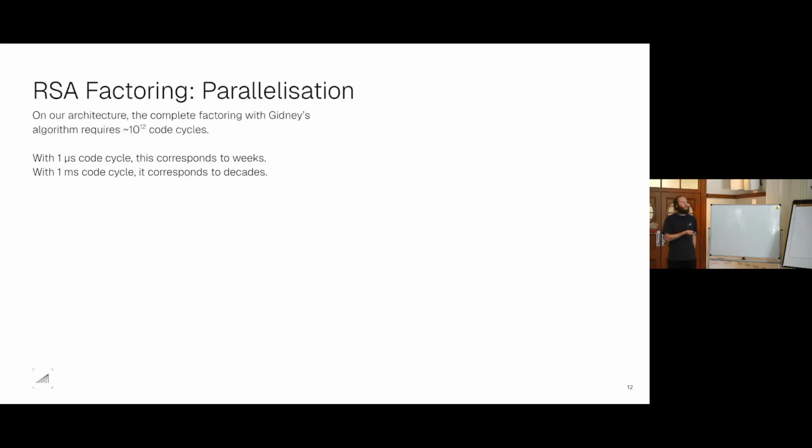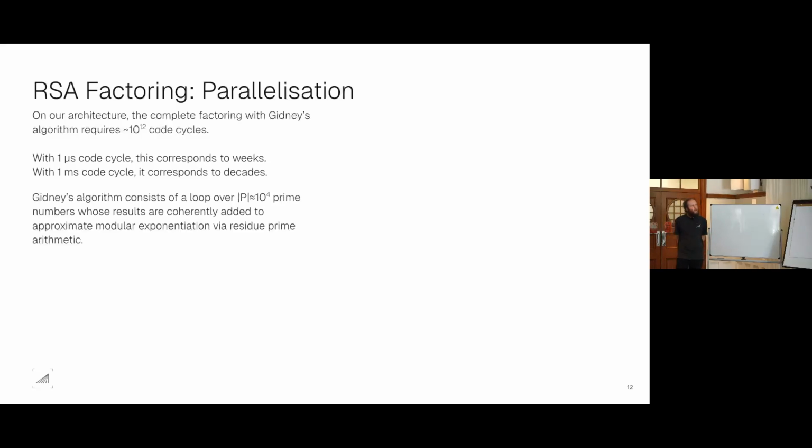So we need to do something about that using parallelism. Fortunately, Gidney's algorithm has some scope to be parallelized. For his study, where he's looking at fast hardware like superconducting qubits and focusing on bringing down the space overhead, this isn't a trick he needs to use. But when we're looking at these slower hardware platforms, it's going to be important.